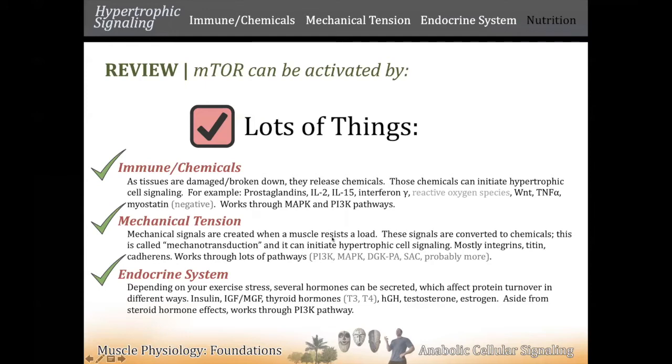Mechanical tension works in a lot of ways, right? There's MAPK, there's PI3K, there's DGK, phosphatidic acid, DGK, stretch activated channels. There's probably more stuff. Mechanical tension works in a lot of ways. Some of it is going to be through that canonical pathway. Endocrine system, mostly it's going to be a bunch of PI3K. Largely, yes, there's other stuff too, but PI3K, PKB, that cascade.